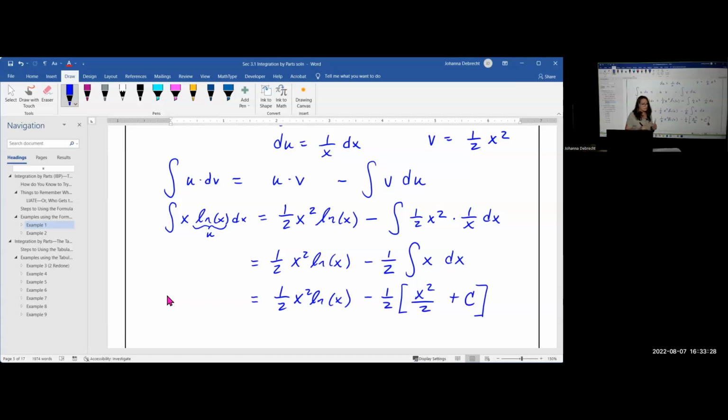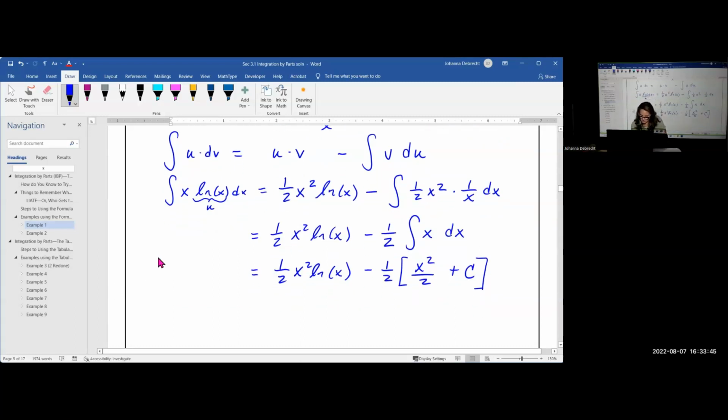That constant comes in because the original integral was indefinite. And so this one is indefinite. And when you take an indefinite integral, you only get the answer up to a constant, right? You're looking for an antiderivative function. So you only get it up to a constant. Now, if we simplify this a little bit more and distribute the negative 1/2, we get 1/2 x squared natural log of x minus 1/4 x squared.